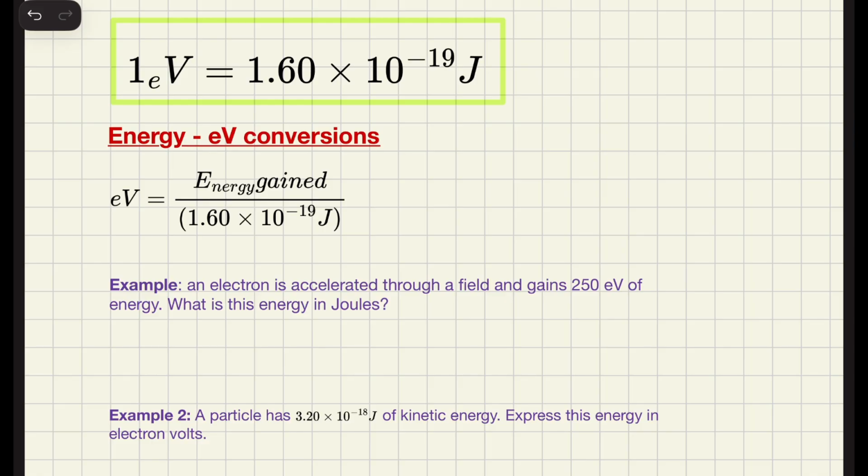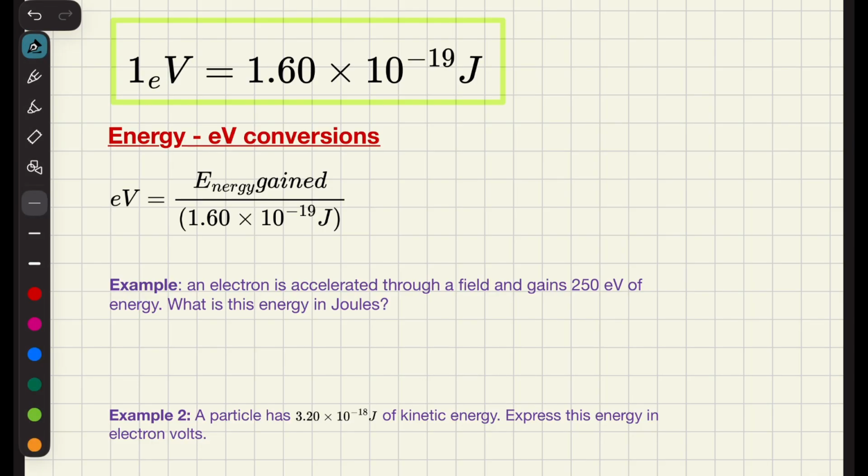This is the useful ratio, where the number of electron volts is equal to the energy gained, in joules. And remember that as it's being forced through a uniform field, that is going to be in the form of kinetic energy, right? Because you're causing it to move. So your joules divided by the 1.60 times 10 to the negative 19 joules.